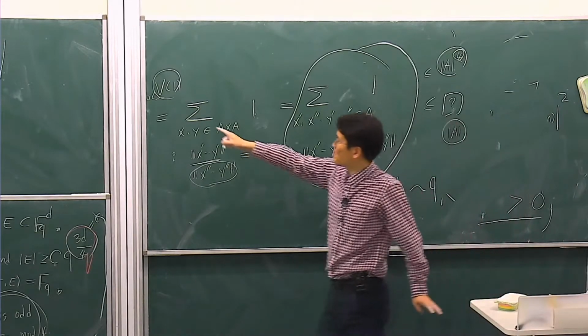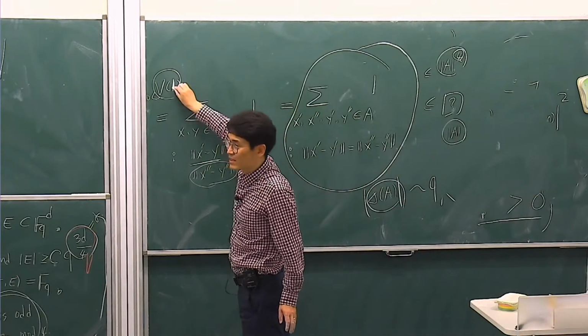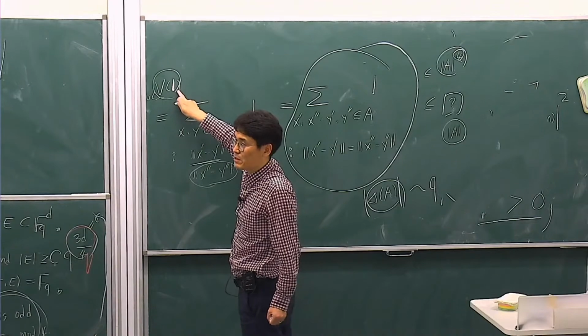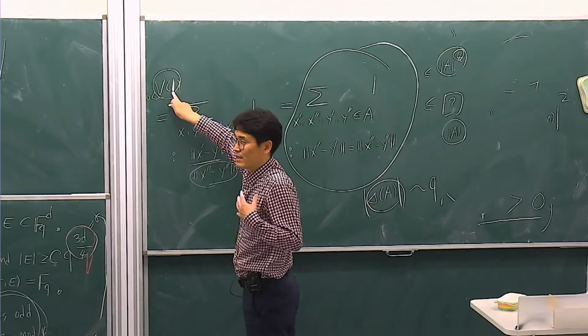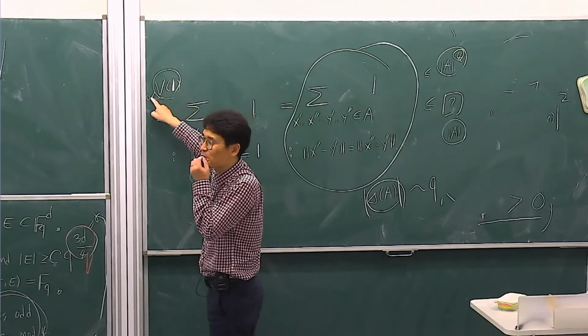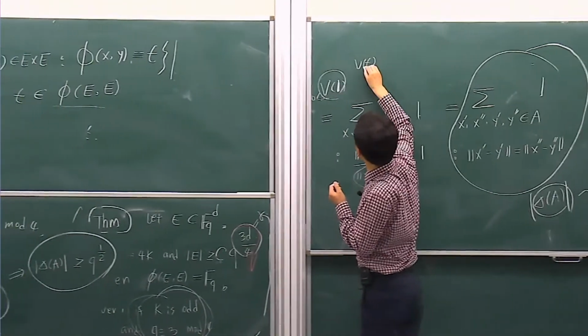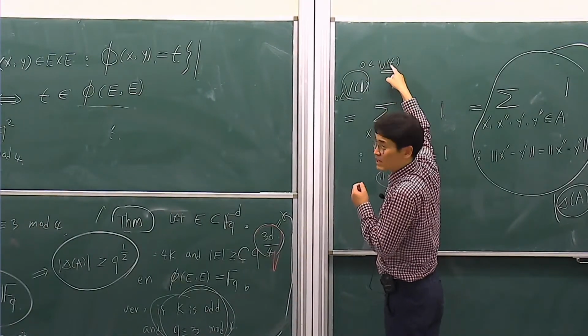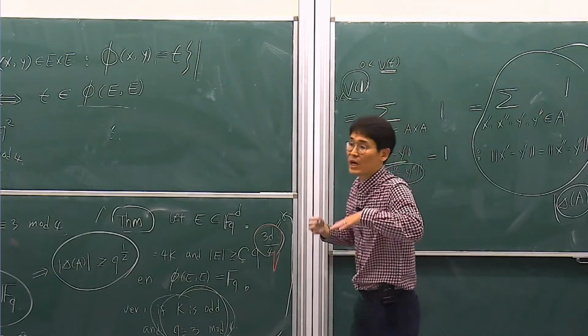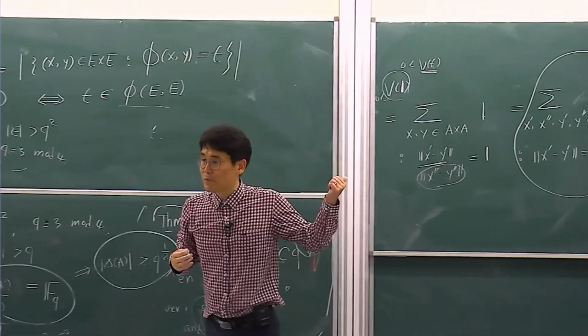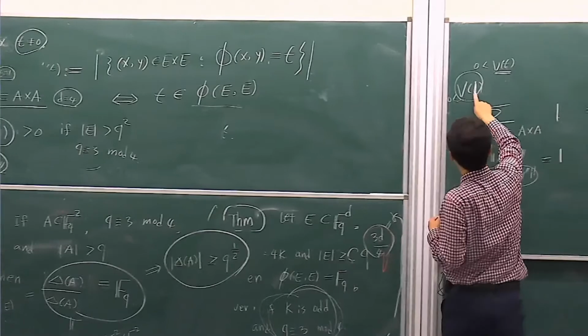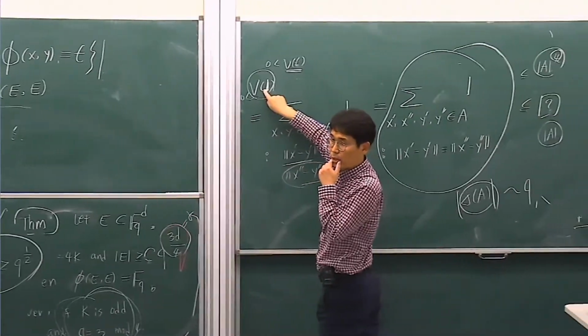But in our problem, if we estimate v1, actually we want this v1 to be large so that this is positive. Then we are happy. But in the Falconer problem, we want to get this very small.